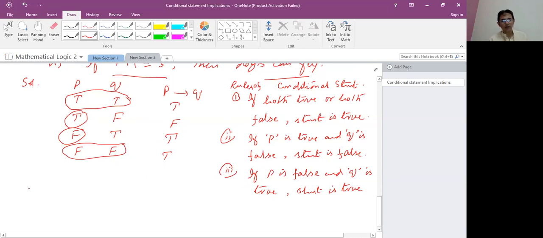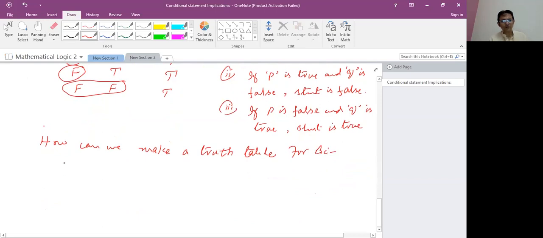Now, similarly, for the next application about biconditional statements, the next question is how can we make a truth table for biconditional statements.